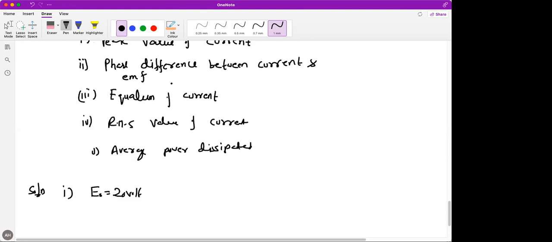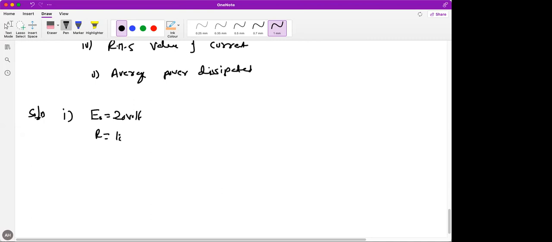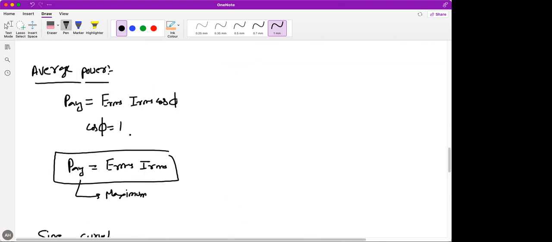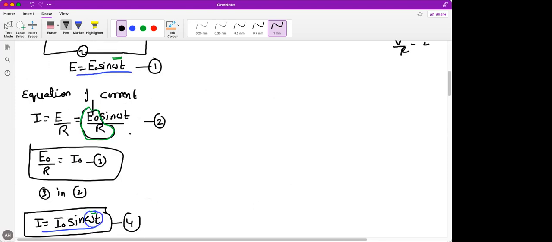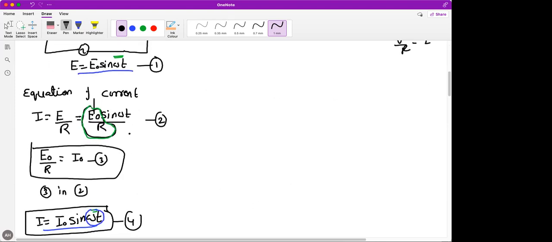Mariam, peak value of EMF is given, resistance is given, 10 ohm. Do you remember any relation to calculate the peak value of current? Nazira, can you find any relation?